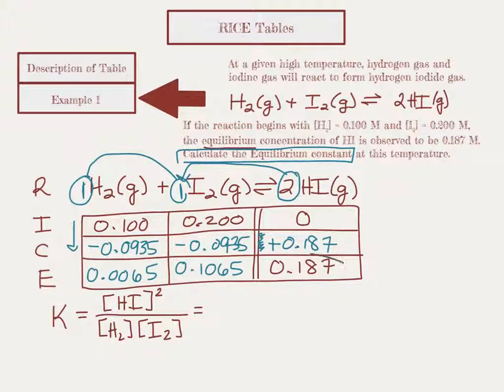Okay, so we have 0.187 for the hydrogen iodide. We'll need to square that in our calculator. Multiply these two guys on the bottom.